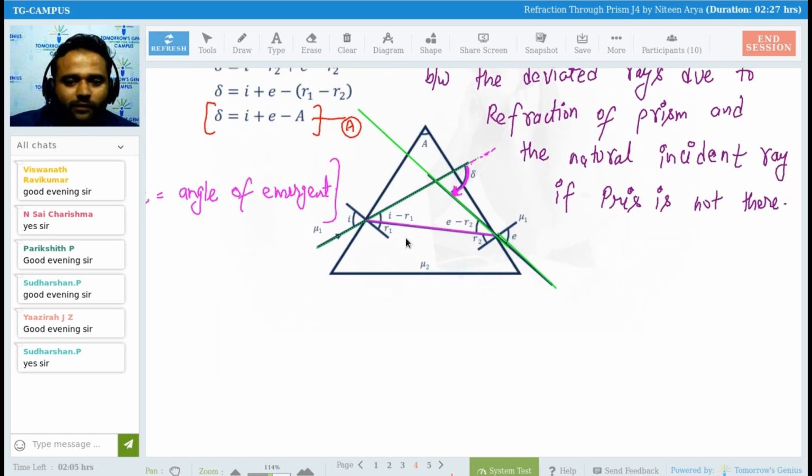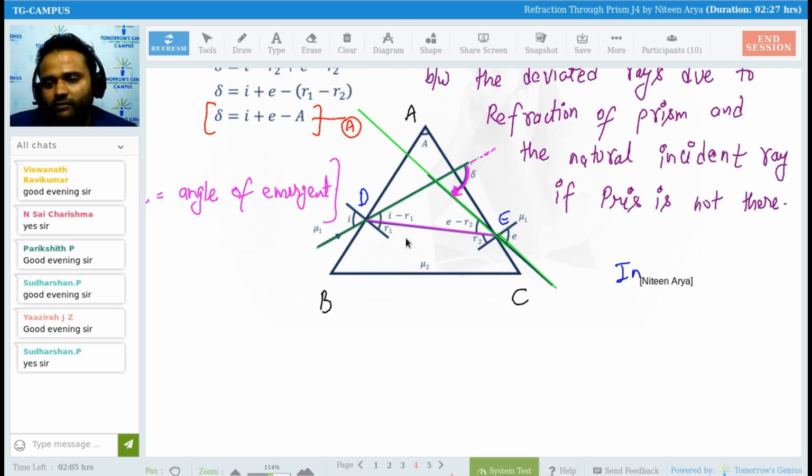Everyone? Oh, good. So there is a theorem in class 10. That particular theorem states that this angle of deviation, which is the external angle, again this is your A, this is your B, this is your C, this is the D, this is the E. So now in triangle PDE, this is the external angle made by this particular line of deviation.